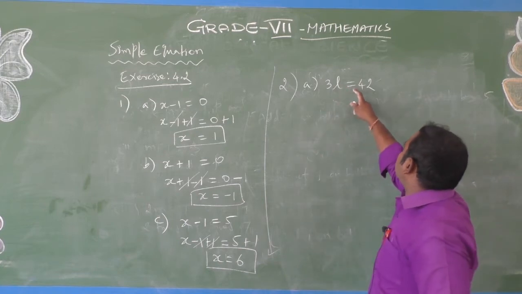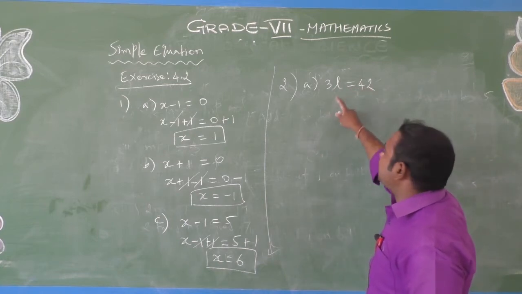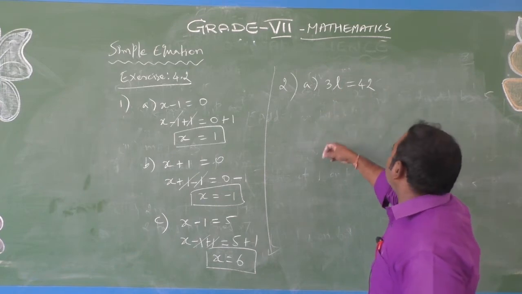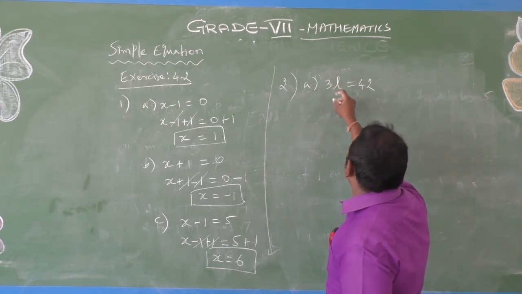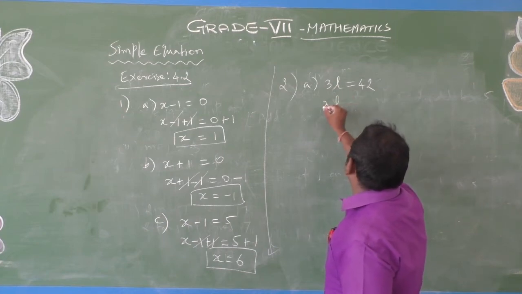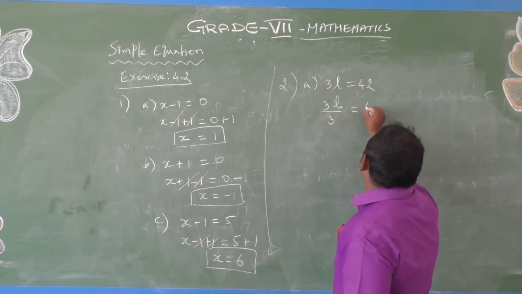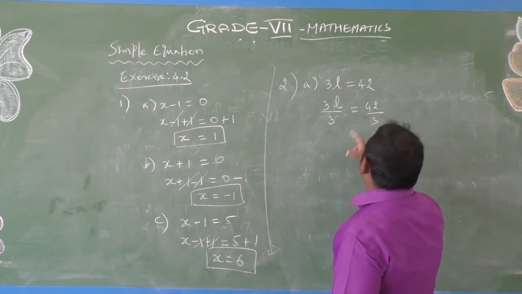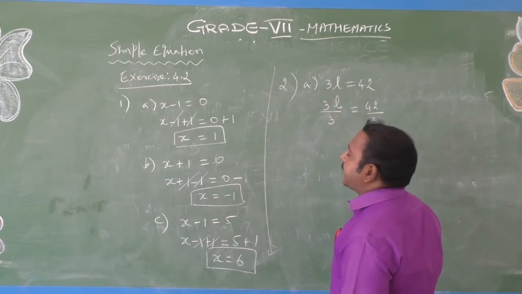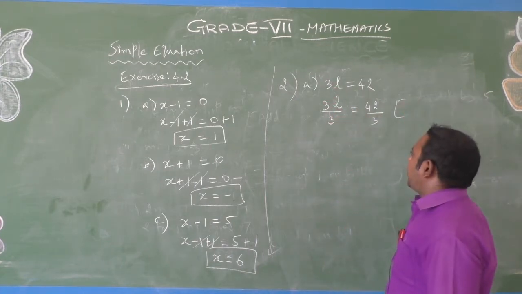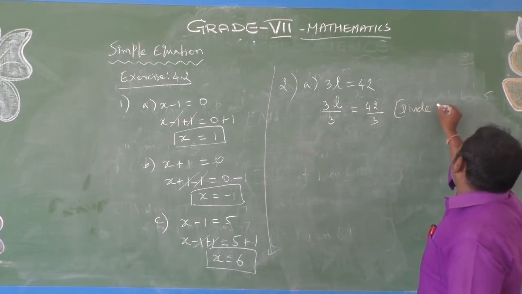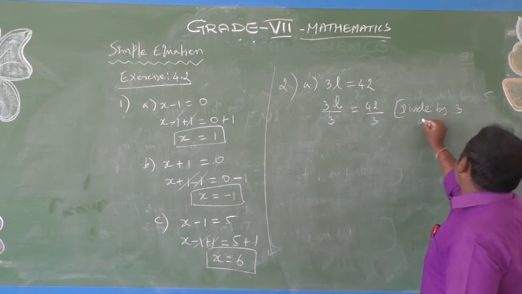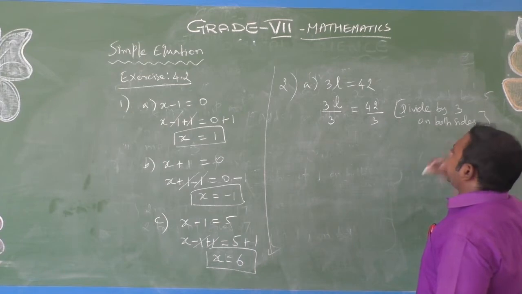Here 3L means 3 multiplied by L, so we have to cancel this 3. So 3L by 3 is equal to 42 by 3. Then both the 3s will be cancelled. So the step is divide by 3 on both sides.